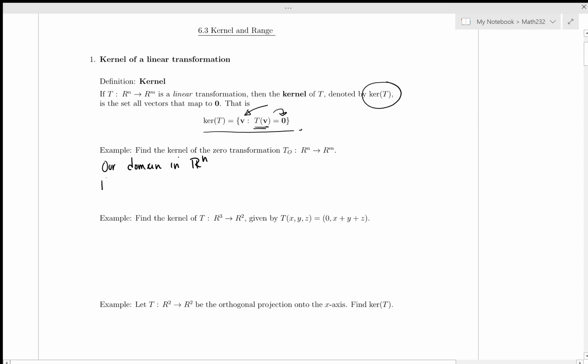The 0 transformation maps every vector x in Rn to 0. So the kernel is all of those vectors. So I would write that then. Therefore, the kernel of T is Rn.